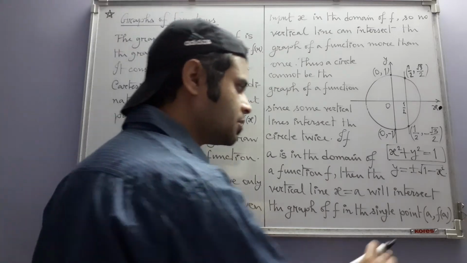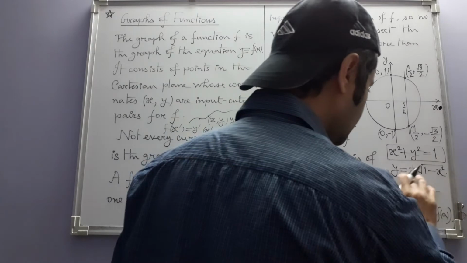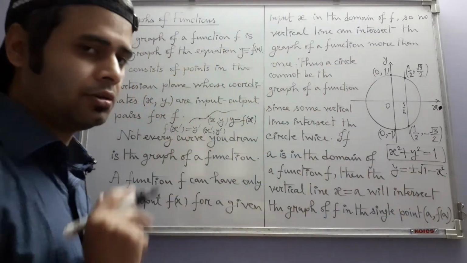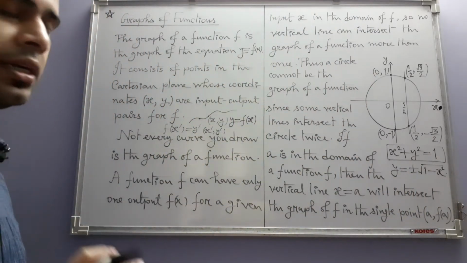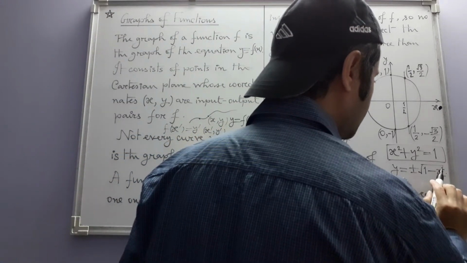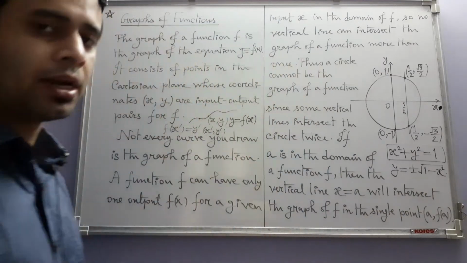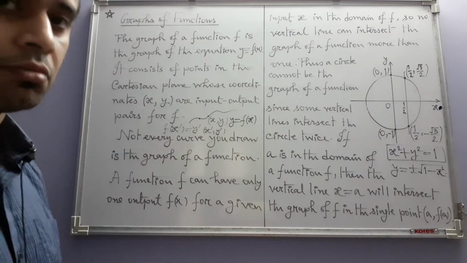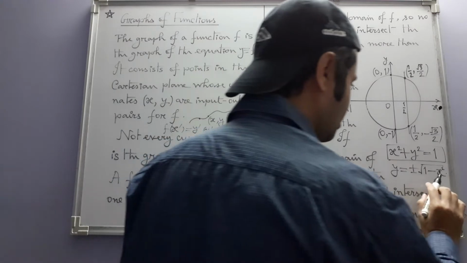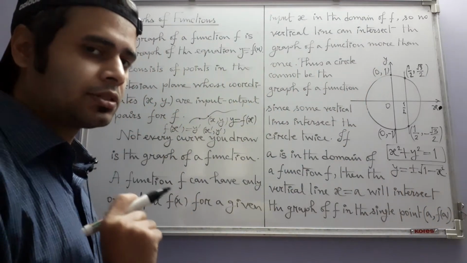So from the permissible values of x, if we choose one value, then y has two values which usually are distinct. Only when x is -1 do you get a single value of y, or when x is 1. For other values of x, you get two values of y for each such value of x.